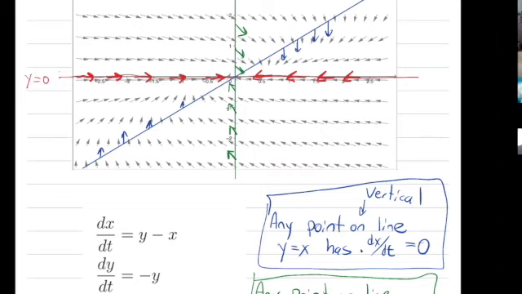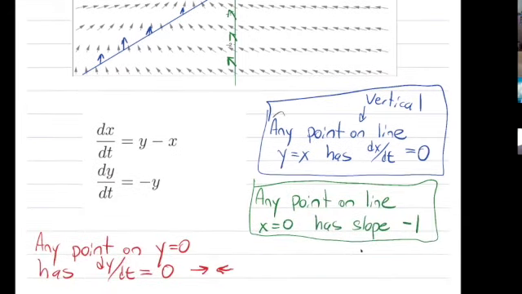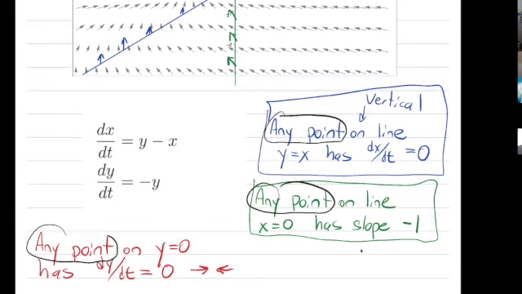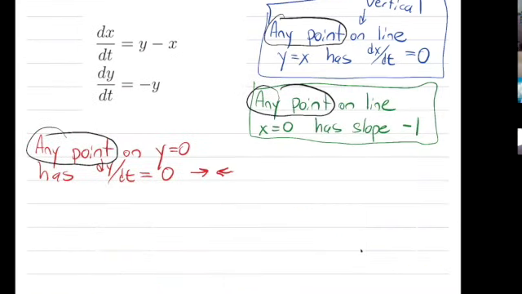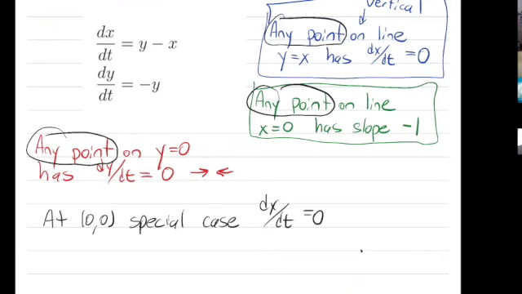And there's one particular point of interest here, and I should amend some of these to say not quite any point. There's one really special point where these things intersect, and that is where we have an equilibrium. So at 0, 0, we have both dx dt equals 0 and dy dt equals 0.